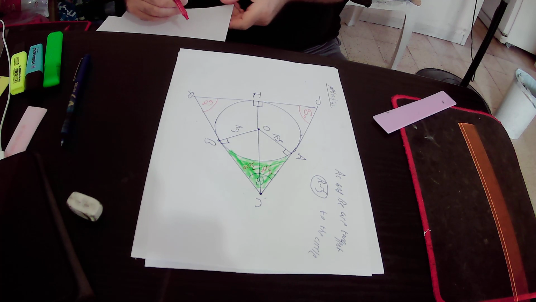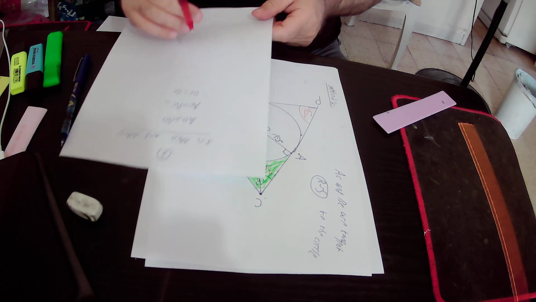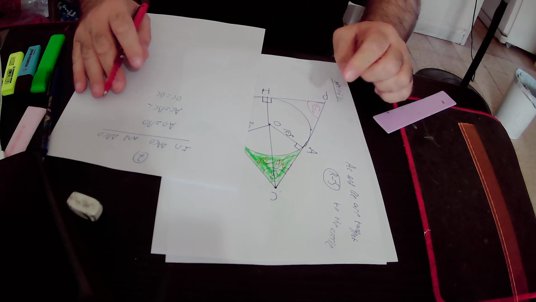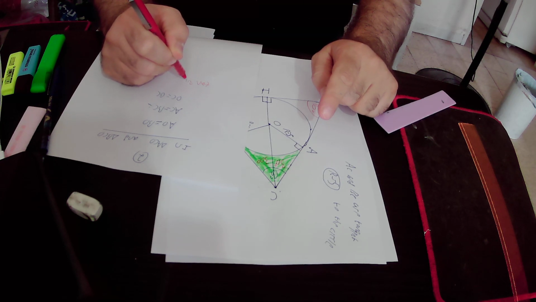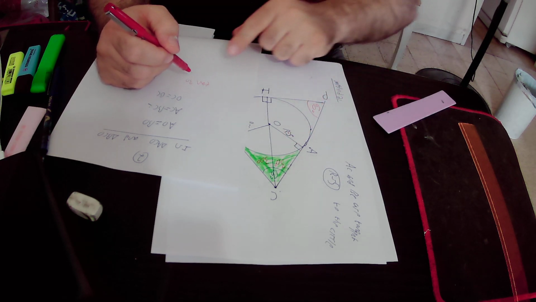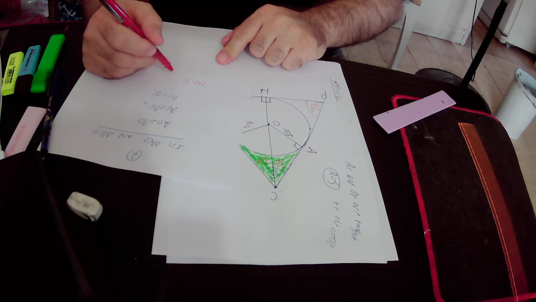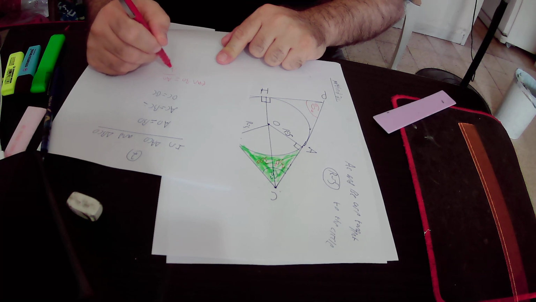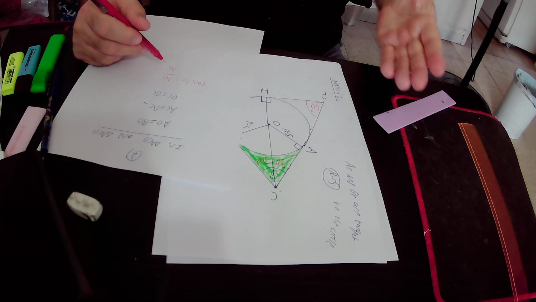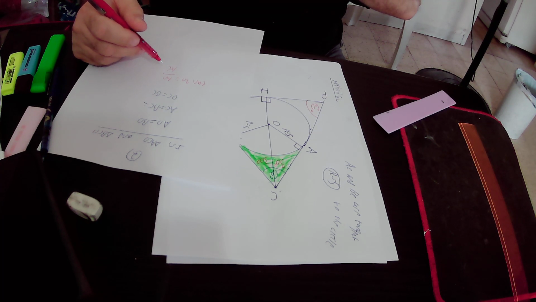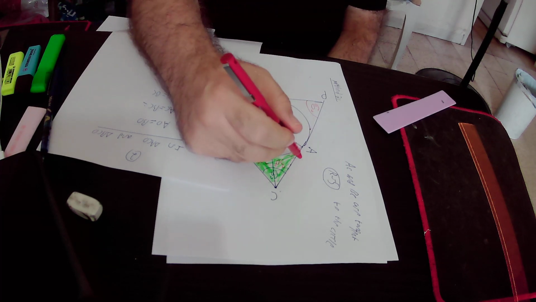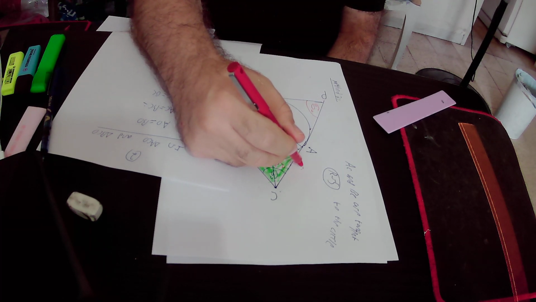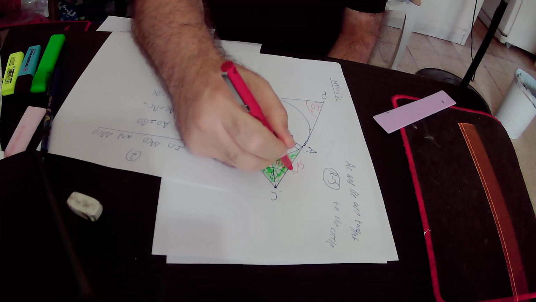I will repeat what I did in the first method: tangent 30 degrees in triangle ACO equals AO over AC, and we know that AO equals 5, and we have already found out in the first method that AC equals 5 times root 3.